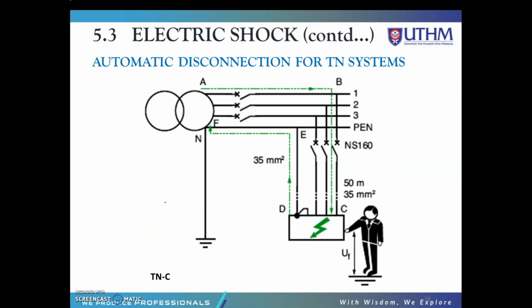Okay, this is the automatic disconnection for the TN system. In this figure, the TN-C combined method is shown, in which the neutral conductor acts as both the protective earth and neutral, the PEN conductor. In all these TN systems, any insulation fault to earth results in a phase to neutral short circuit.